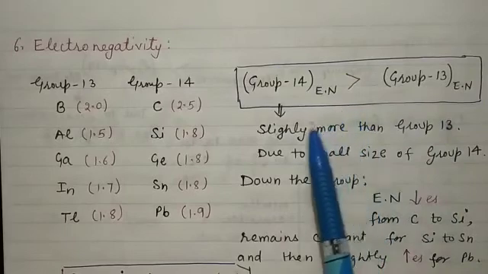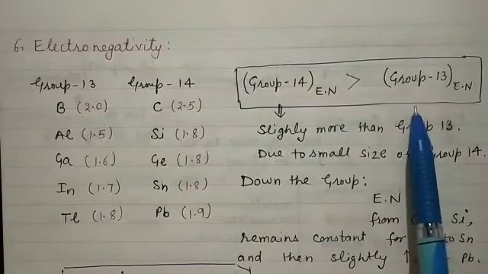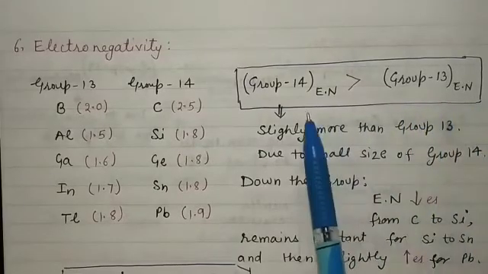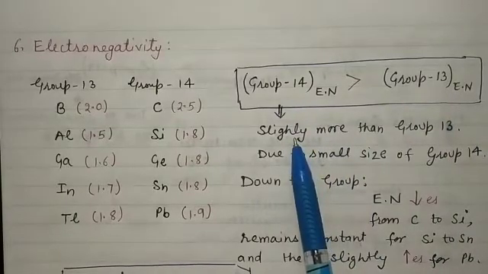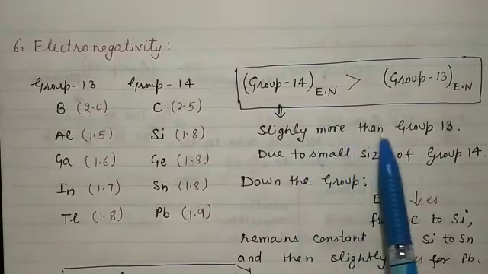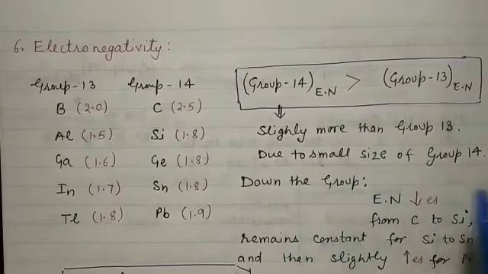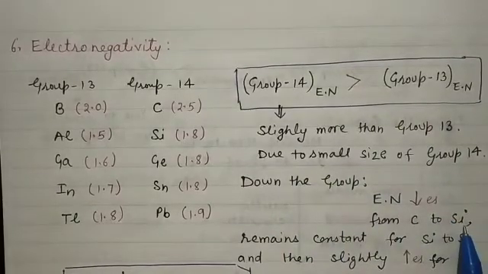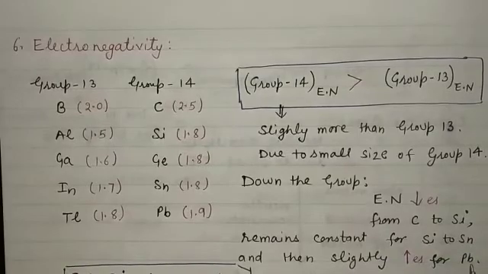It is not a significant change, but group 14 electronegativity is slightly more than group 13 due to the small size of group 14. Down the group, we know electronegativity decreases from carbon to silicon, remains constant from silicon to tin, and then slightly increases for lead.